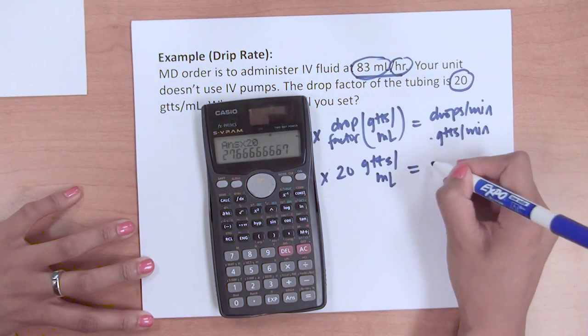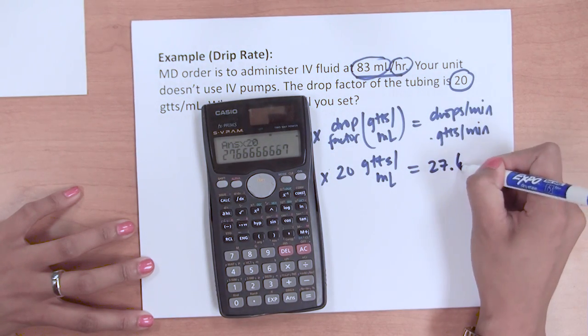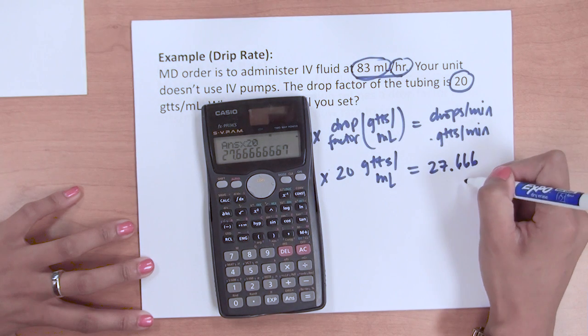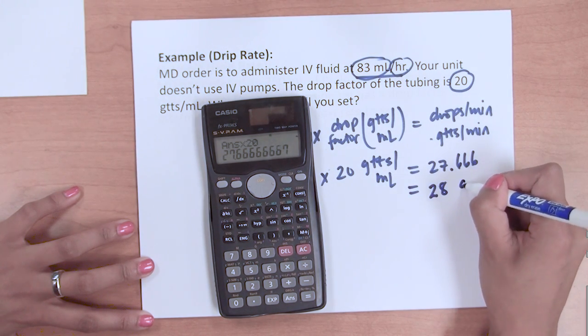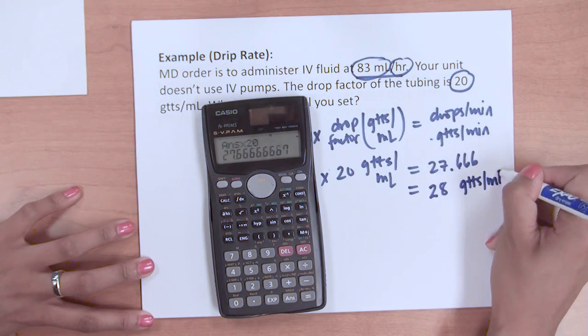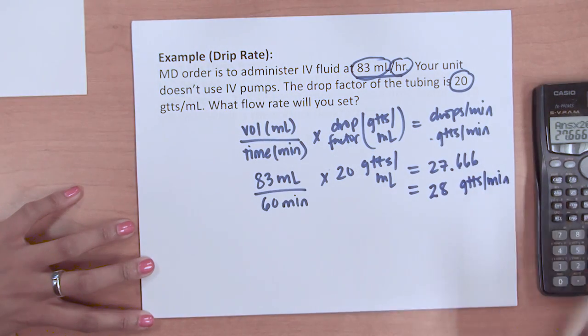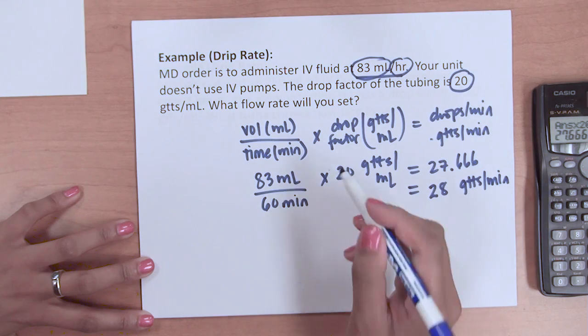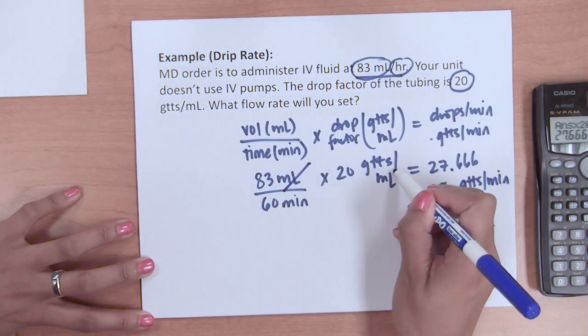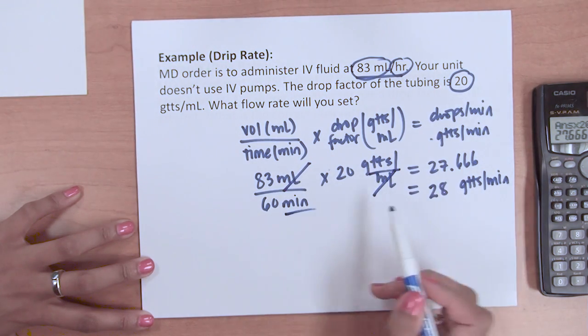It's 27.666, which is going to be 28 GTTS per minute. And you can double check your work by crossing out your units. So milliliters over milliliters, you're left with GTTS over minutes.